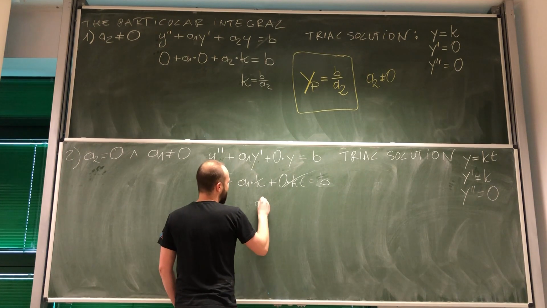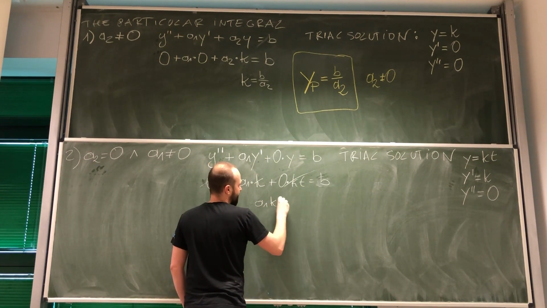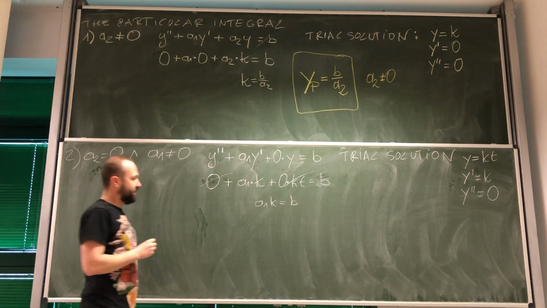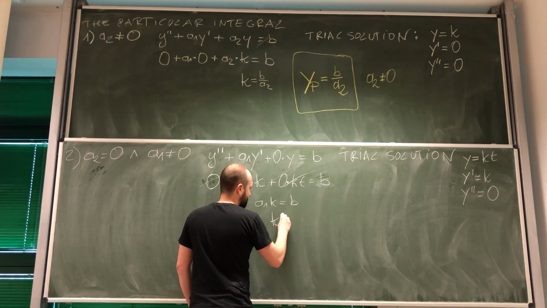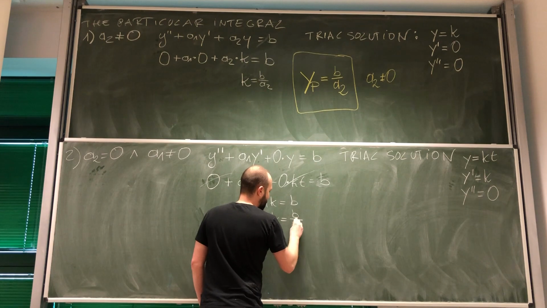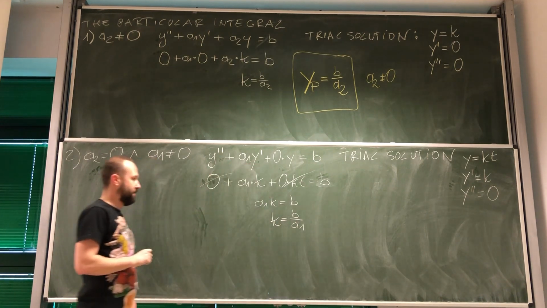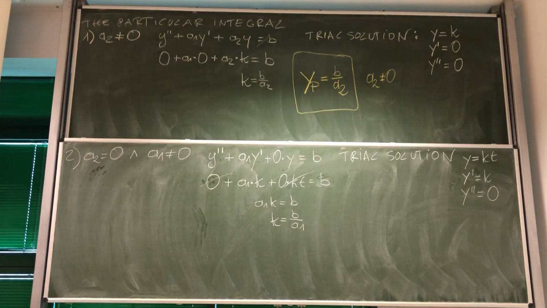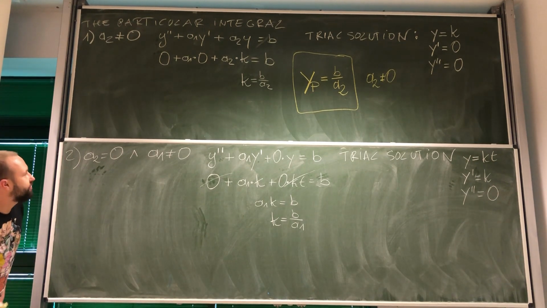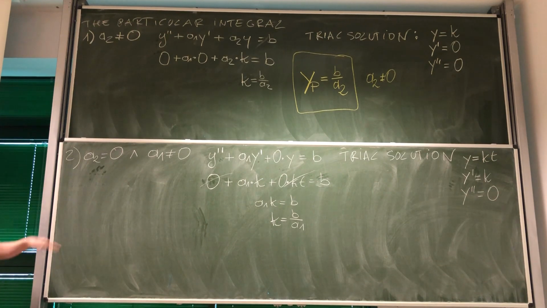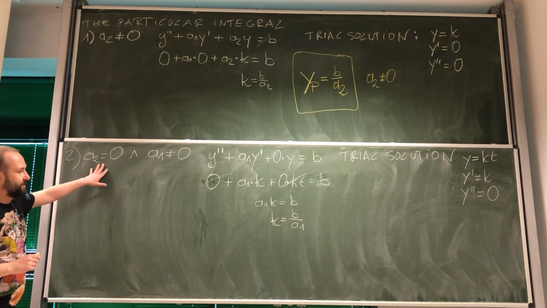So we've got that A1 times k equals to B, which means that k is equal to B over A1. And look, now we've got the particular integral in case where A2 is 0.